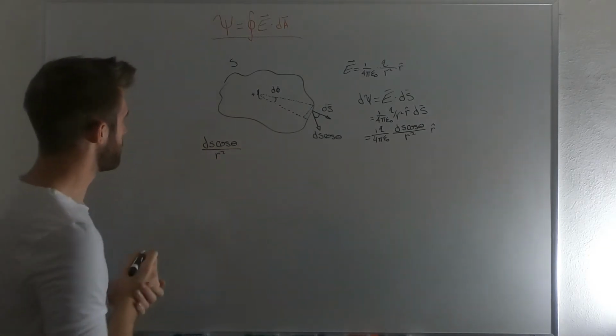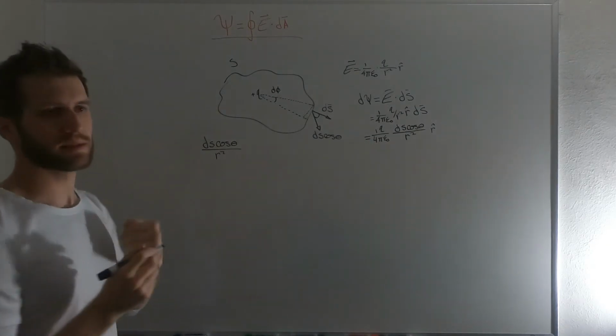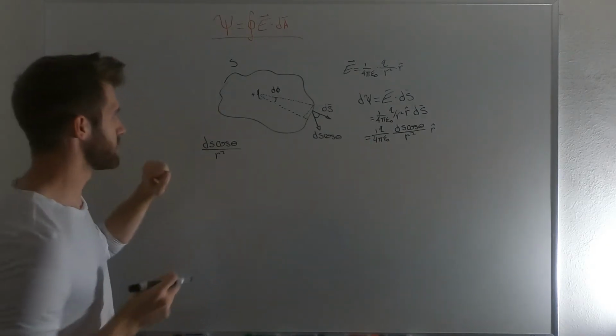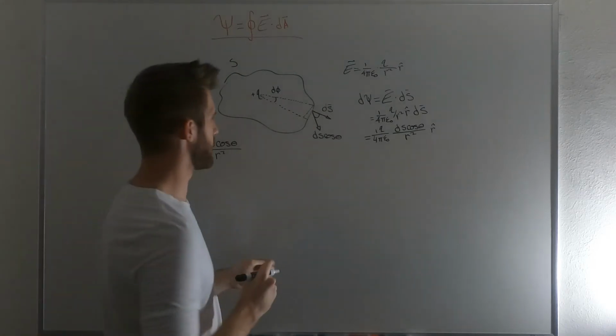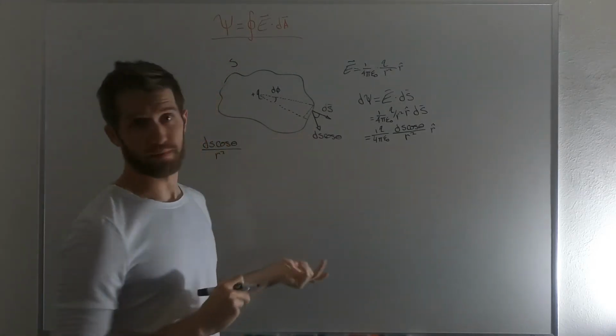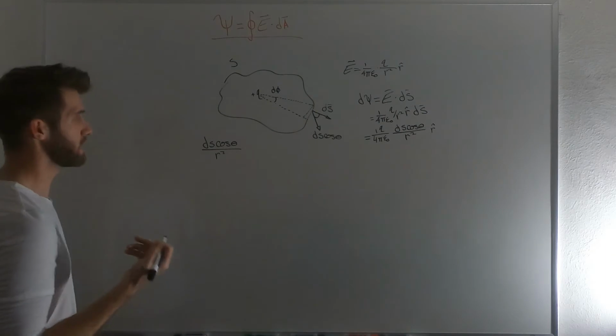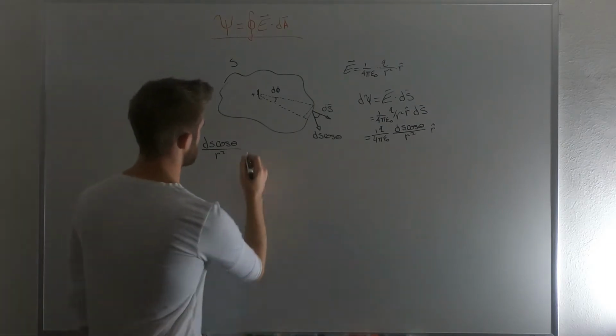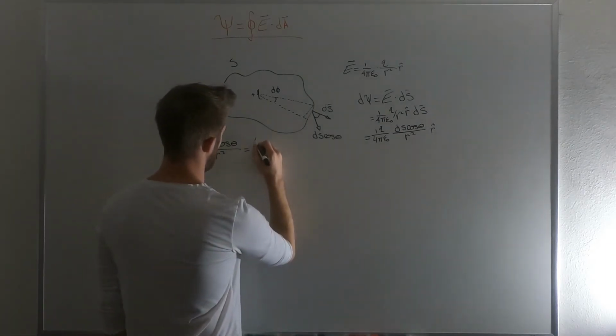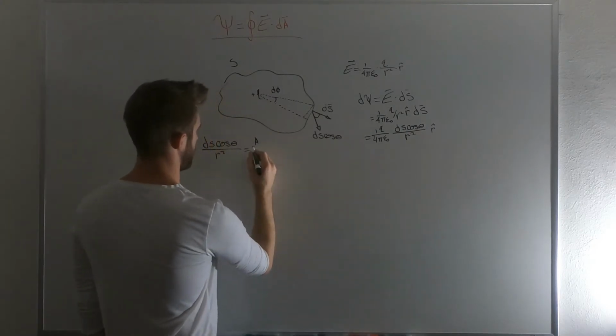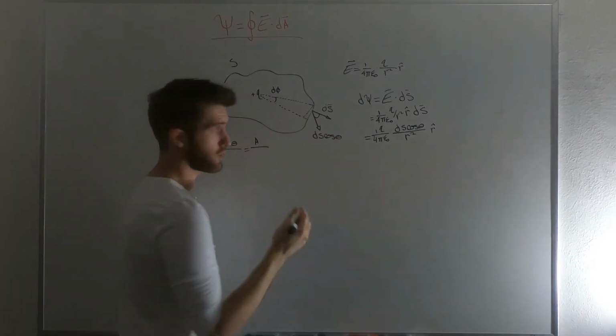Okay? So, what is this? Well, this effectively is just our area swept out by the resultant vector, right? So, that is effectively our area, right? So that's going to be equal to A, right? And then we have that over r squared.